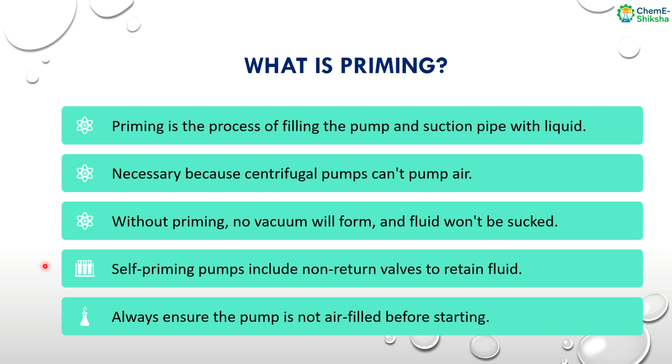Nowadays there are self-priming pumps, which include non-return valves in the suction line, which will not allow the fluid inside the pump to drop, and will retain the fluid inside the pump. So the next time the pump is started, it will create sufficient pressure, pump out the air and create a vacuum within the pump.